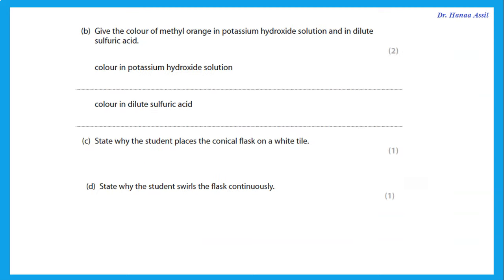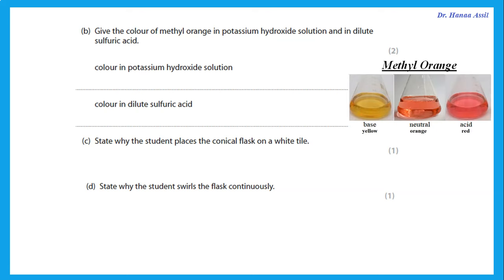Give the color of methyl orange in potassium hydroxide and in dilute hydrochloric acid. You have to know the colors of methyl orange. You should know that potassium hydroxide, that's the base. So methyl orange is yellow in base, and in acid it is red.